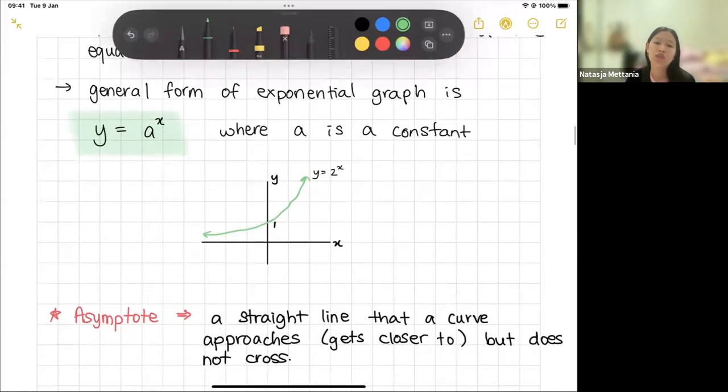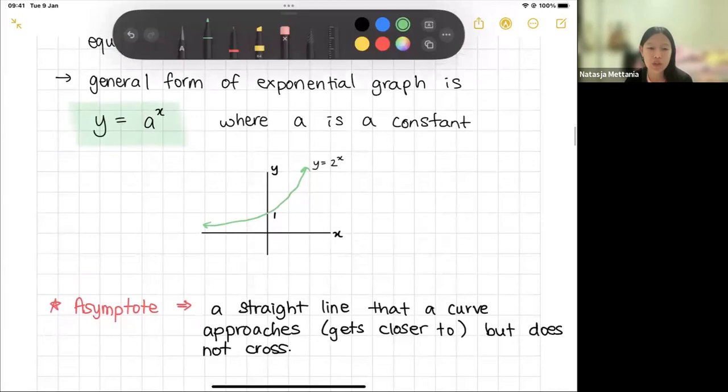One thing that is really interesting about an exponential graph is this term called the asymptote. The asymptote is basically a straight line that a curve approaches, so it gets really close to, but never crosses, never touches. In particular, the asymptote of this graph is basically the x-axis.